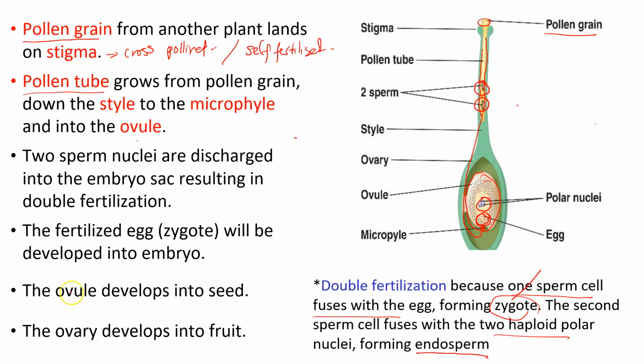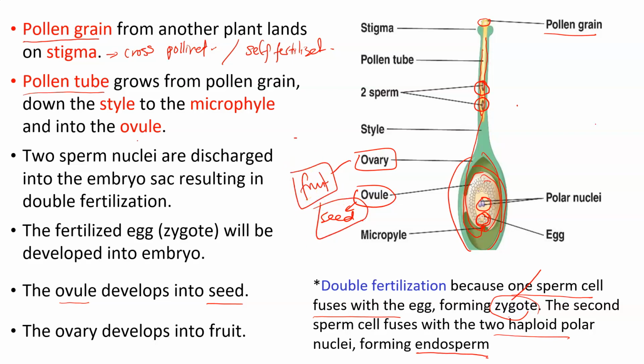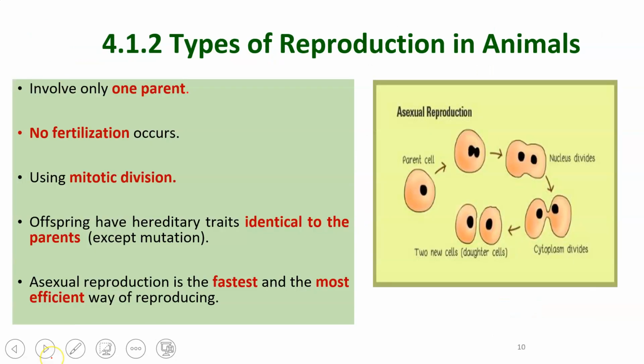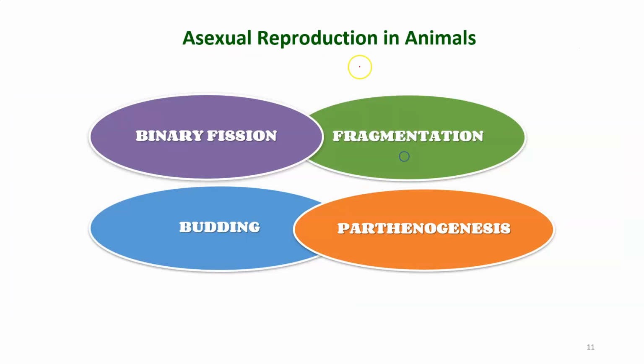So the ovule develops into seed, and the ovary will develop into fruits. So that is sexual reproduction in plants.